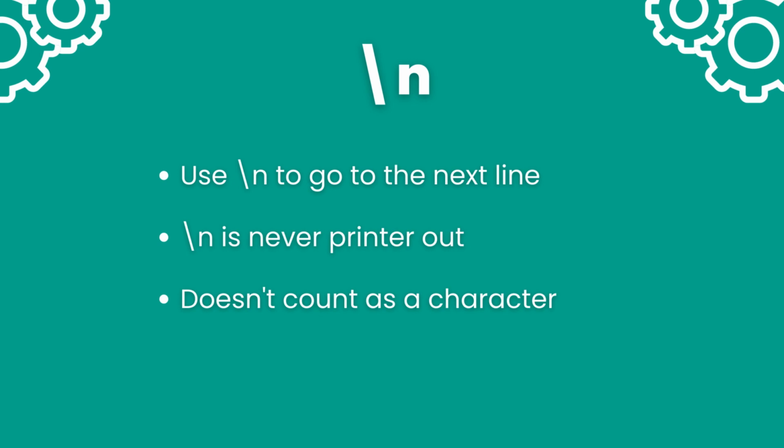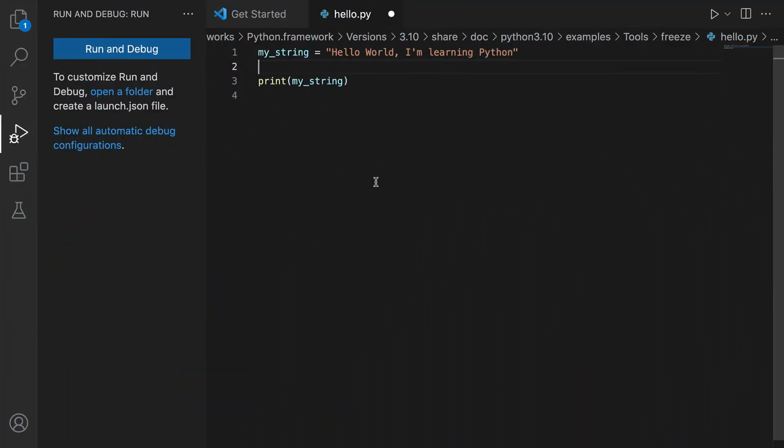So if I wanted the string to be hello world on the first line, and then go to the next line and be I'm learning Python on the second line, I would write it like this. My string is equal to, and inside quotation marks, hello world, comma, \n, I'm learning Python.